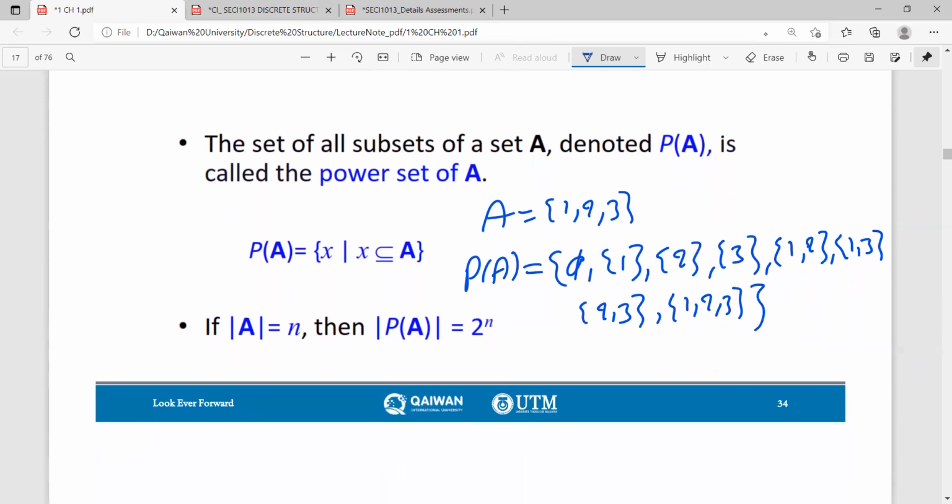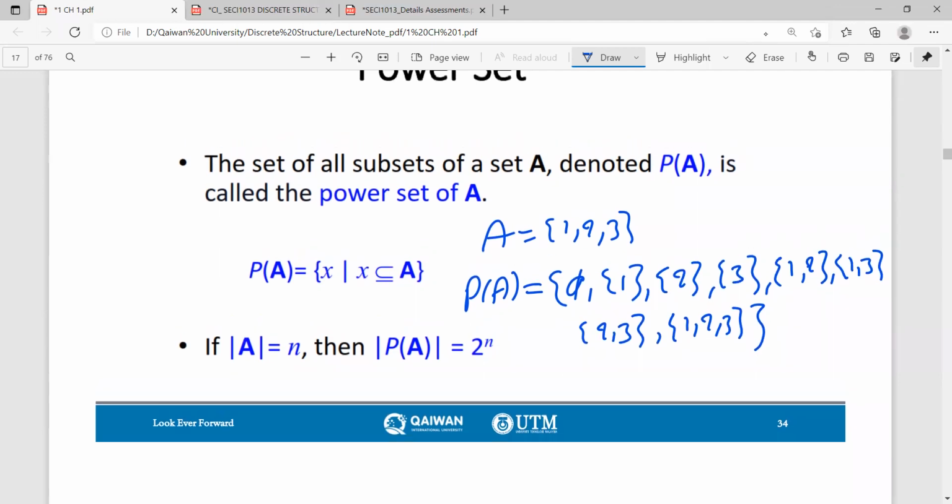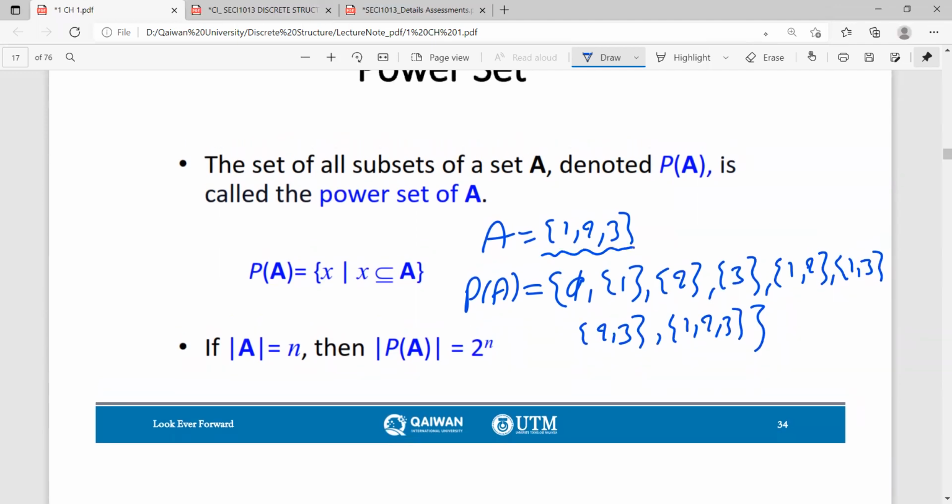To make sure that you find the power of the set correctly, look at the number of elements in the given set. We have 3 elements, so we must have 2 to the power 3 elements in the power of the set. If the cardinality of the set is n, then the number of elements in the power of the set must be 2 to the power n.